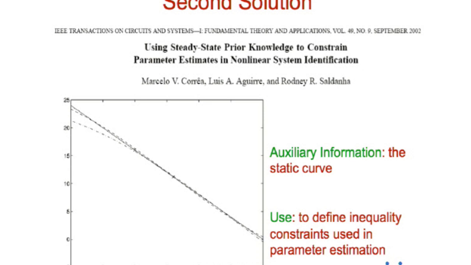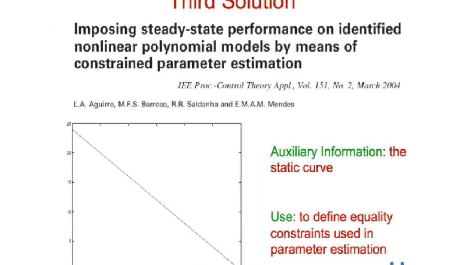This was 2002, okay? Moving a bit further in time, 2004, we figured out how to do this imposing equality constraints, and now you can actually say, I want both the theoretical and the model steady-state curves to coincide, okay?